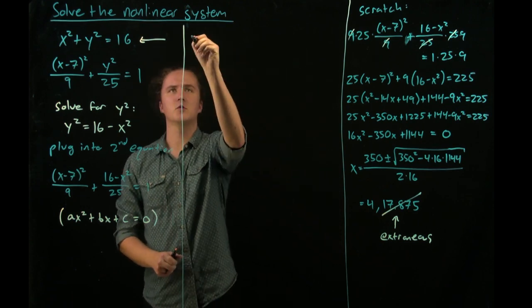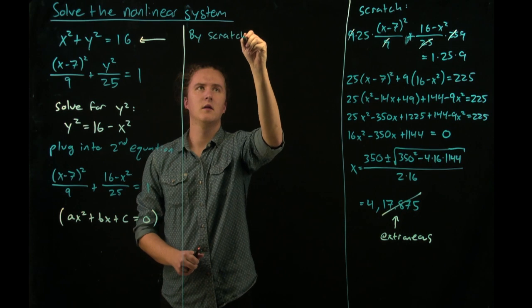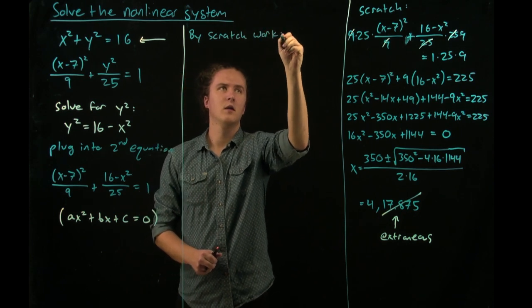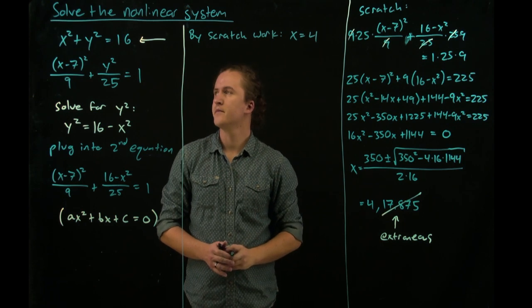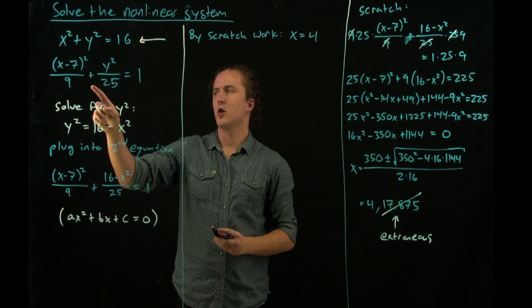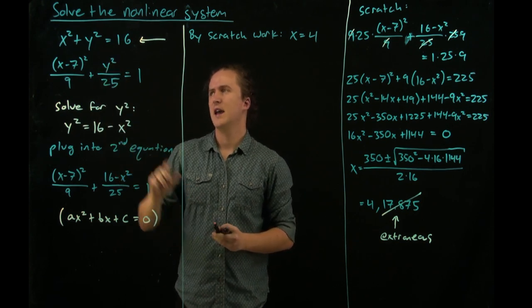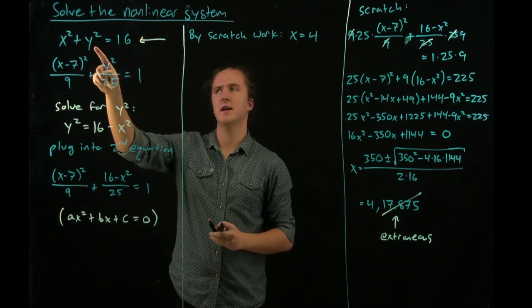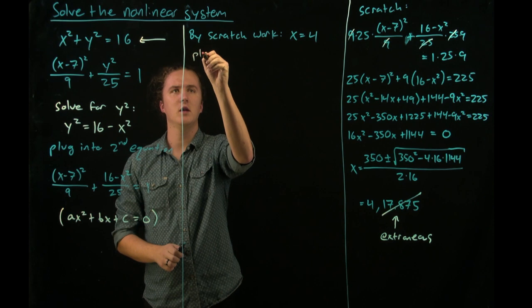So, by the scratch work, x has to be 4. Since we already solved for x, we can use either equation to solve for y. And it seems like the first one's going to be a little bit easier. So let's plug this into equation 1.